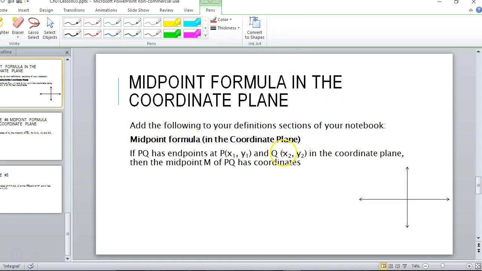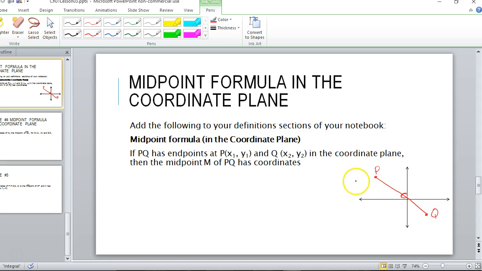So let's start with point P and point Q. So let's put P here, and let's put Q here. And we want the midpoint of those 2 points. All right. So we want the point that lies right here in the middle somewhere.